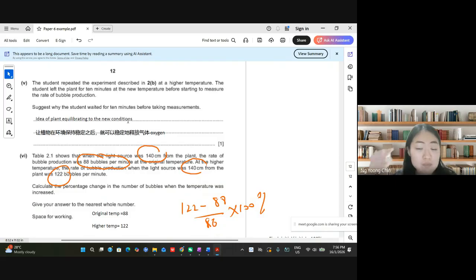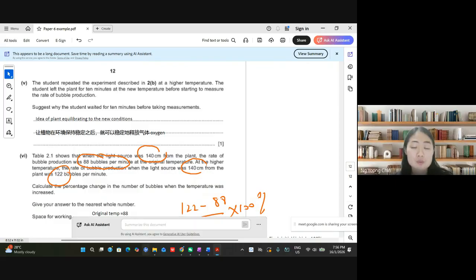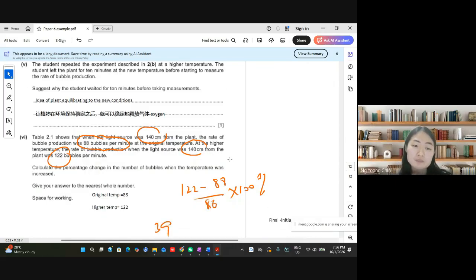Only then will they be stable, and then they will start their reactions. Because if you change the temperature from low to higher, the plant will also have a shock like that. So that's why they need some time to adapt to the conditions. So the answer is the idea of the plant equilibrating to the new conditions.